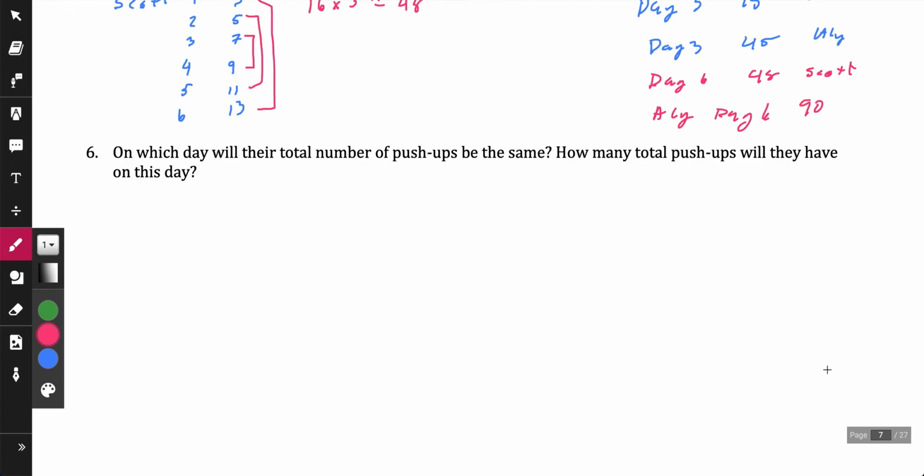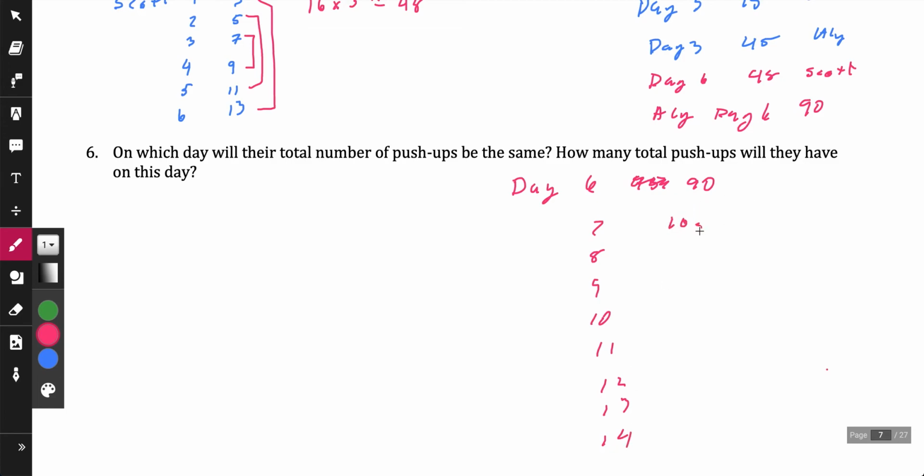All right then, so let's go ahead now and look at this. Allie has just a nice linear equation, okay? So let's go ahead, we'll just start off at day 6. And so she was at 90. And then we're going to do 7, 8, 9, 10, 11, 12, 13, 14. We're just going to go up from there.